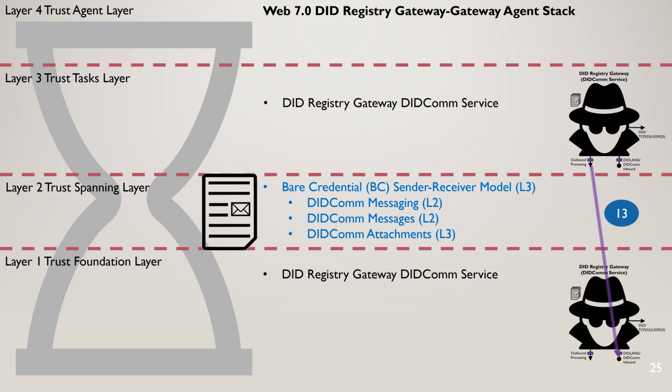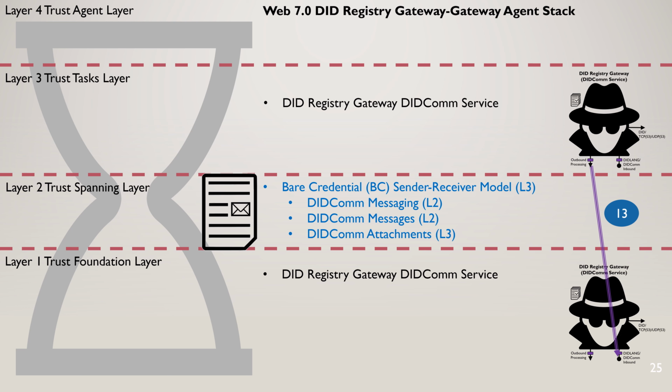This is the DIDComm registry gateway to DIDComm registry gateway agent stack. And so this is where you have a DIDComm registry gateway who maybe is unable to resolve a DID, and so it may have a secondary DID registry gateway to forward that request to.